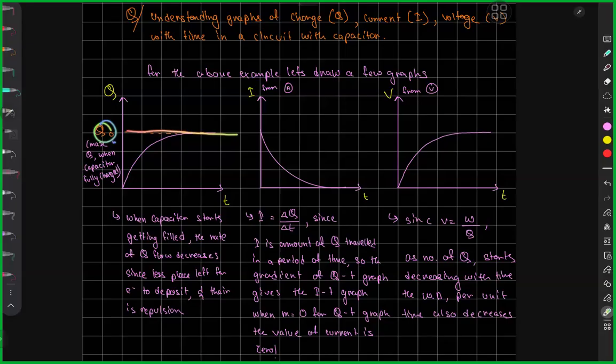That is the maximum amount of charge that can be separated by the capacitor. Fair? But what does this gradient mean? What is the gradient of this curve? Del Q by del T. That is what, in essence, the gradient is. Del Y by del X, right? That is how we define gradient.